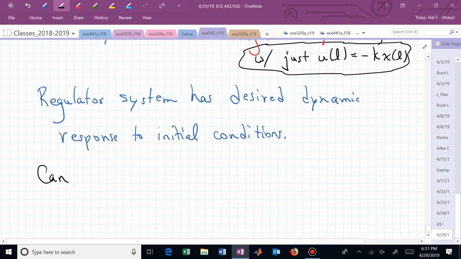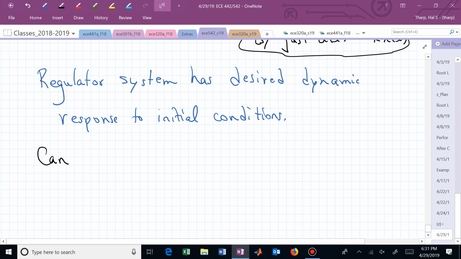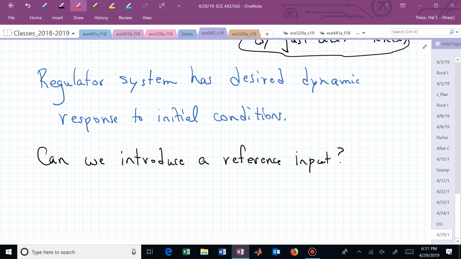And since I drew it in the block diagram, you should know the answer to the next question. Can we introduce a reference input? And the answer, yes, I heard you screaming. Yes.